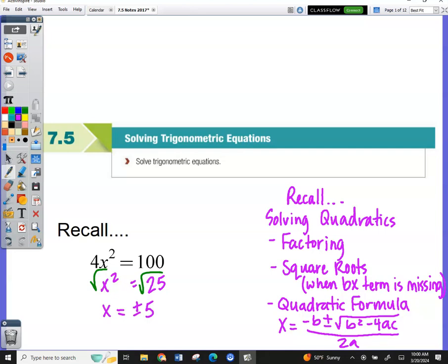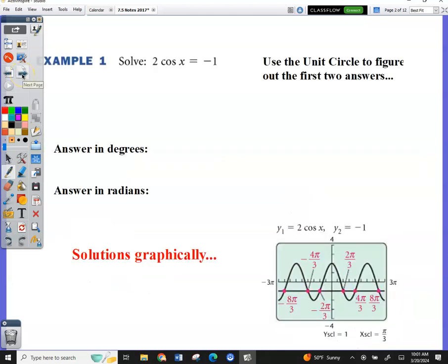No two trig equations look alike, so that's why I put so many different practice problems on here. However, the steps in solving them start out the same, and then it depends on what type. Sometimes you end up with a quadratic nature. So let's go to this slide right here.